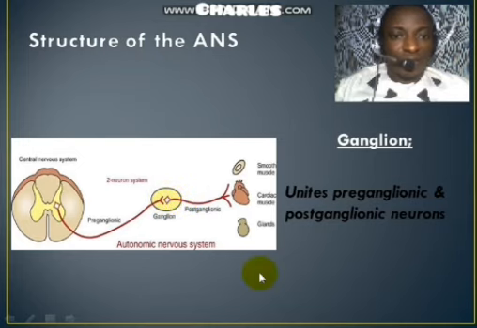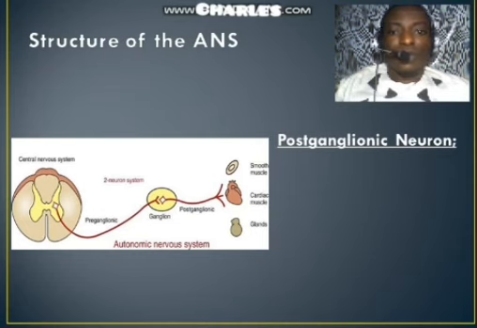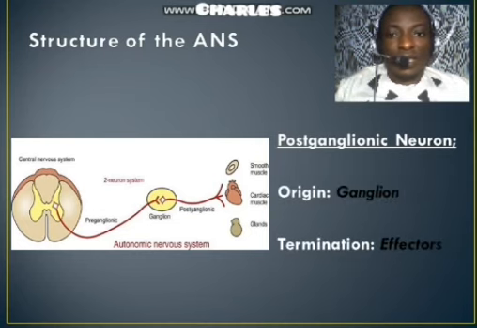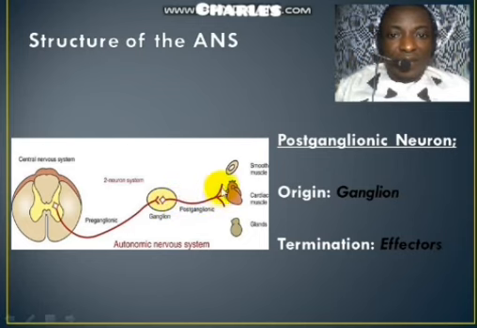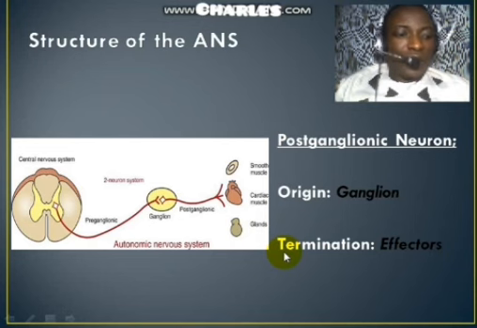Now, the postganglionic neuron originates from the ganglia. This is the postganglionic neuron. It starts from here and terminates at the effector organs, like I said earlier, either the smooth muscles of internal organs, the cardiac muscles or glands. That is the termination of the postganglionic neuron.